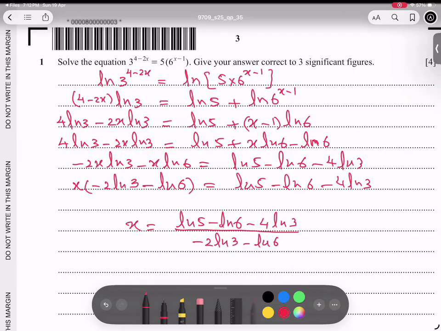Okay, 1 minute, please. Negative 2 ln 3, negative ln 6. So the answer turns out to be 1.14735, and we have to write 3 significant figures, so it is 1.15. And I hope the concept of the question is very clear.